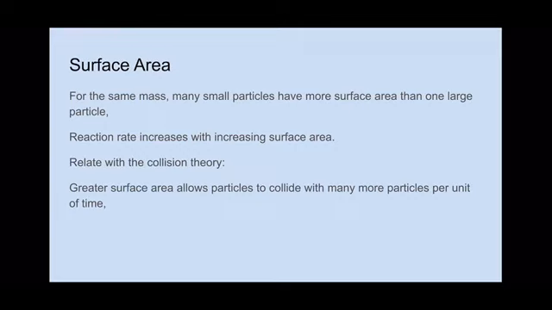That means more particles are on the surface, which means that more collisions will happen because you have more surface area. So for the same mass, many small particles have more surface area than one large particle. Like a carrot. When you cut a carrot up, you see more sides, if that makes sense. Which means you see more molecules on the edge.